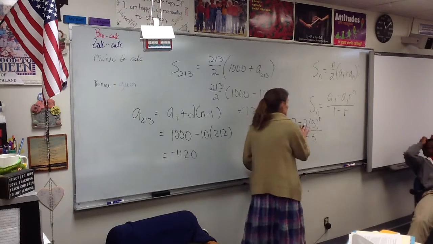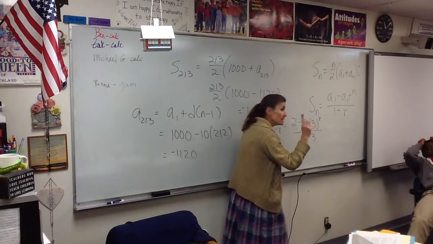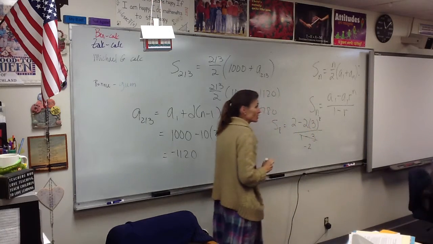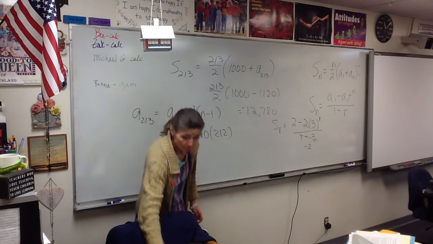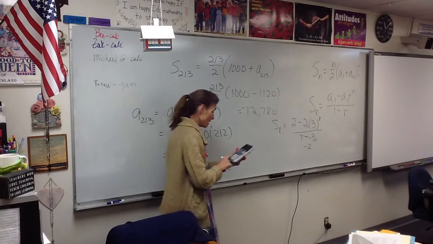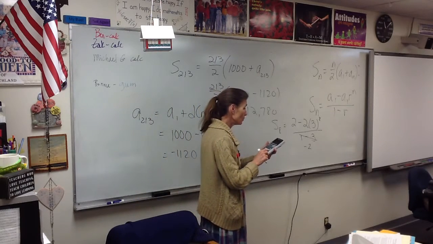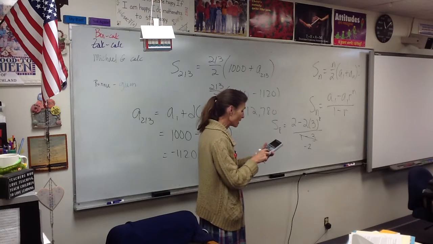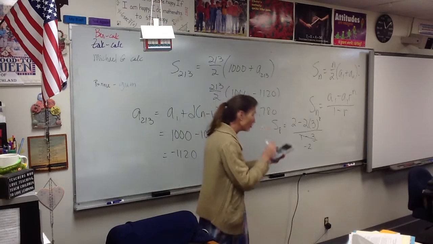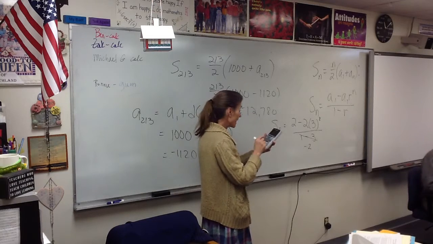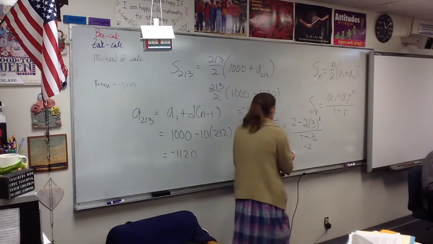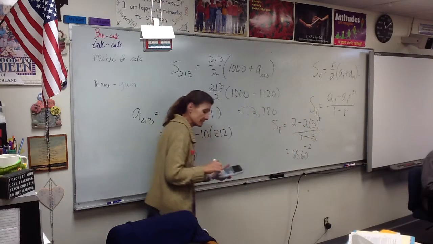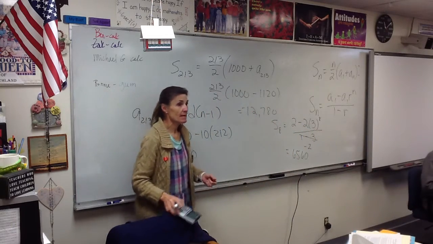Now, when you type this in, please take a moment, make that negative 2 before you get started. And then type 2 minus 2 times 3 raised to the 8 equals, divided by negative 2. You should get 6560. If you didn't get 6560, we need to type it in again.